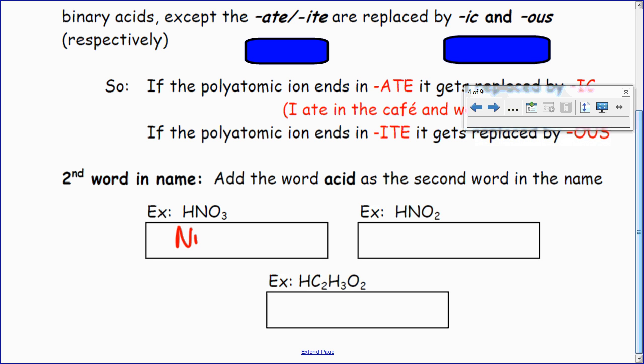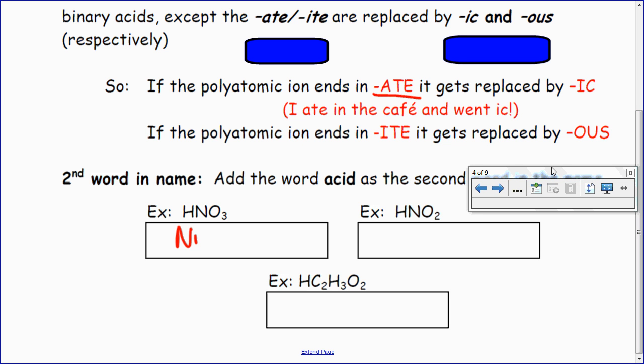So this was hydrogen nitrate. So we don't say hydro. We say nitrate. So we change that to ic. So nitric acid. This would be hydronitrite. So we don't say hydro, so we say nitrous acid.